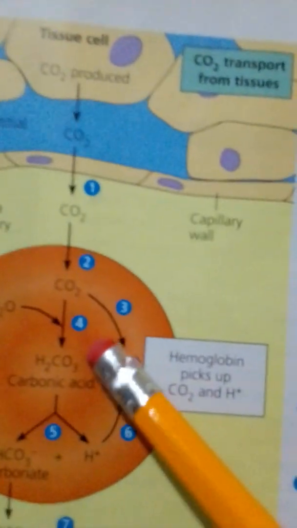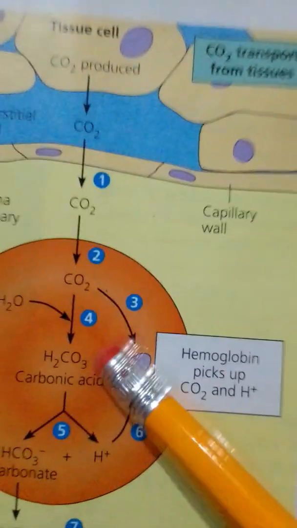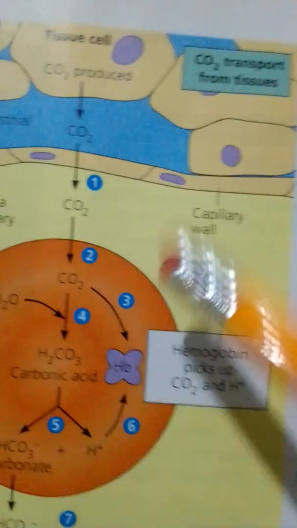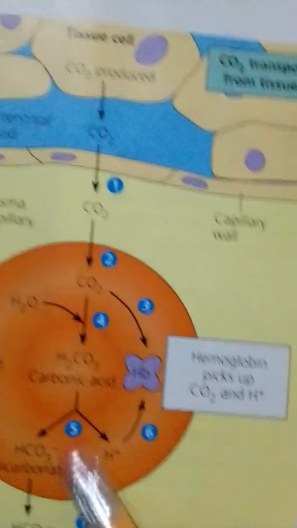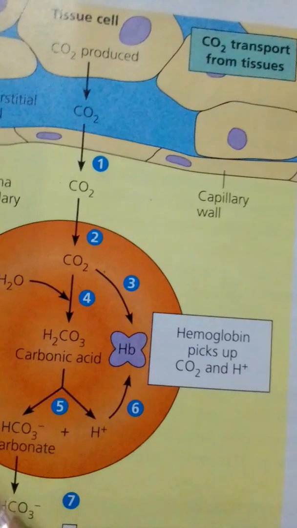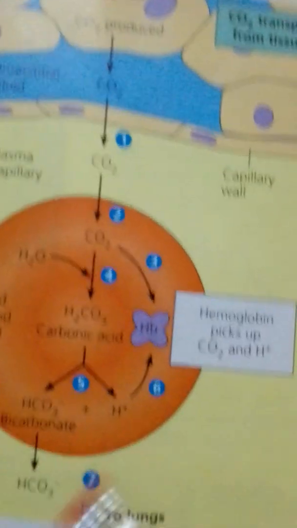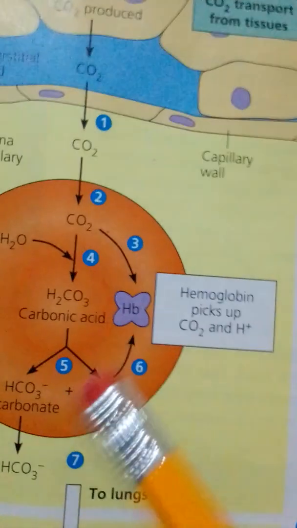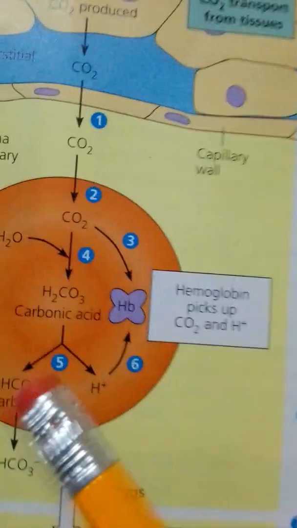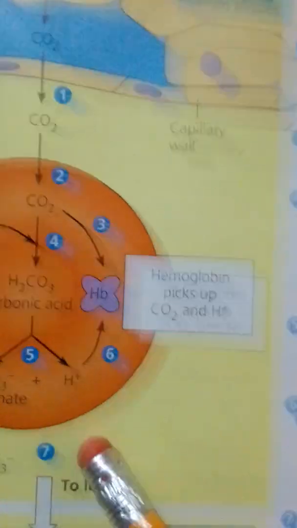Step 4: However, most CO2 reacts with water in red blood cells, forming carbonic acid, H2CO3, a reaction catalyzed by carbonic anhydrase contained within red blood cells. Step 5: Carbonic acid dissociates into a bicarbonate ion, HCO3 minus, and a hydrogen ion, H positive. Step 6: Hemoglobin binds most of the H positive from H2CO3, preventing the H positive from acidifying the blood and thus preventing a Bohr shift.